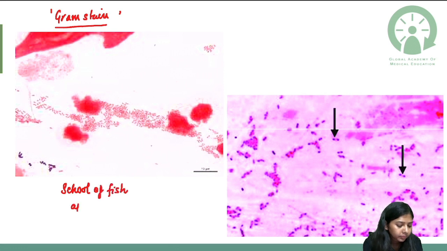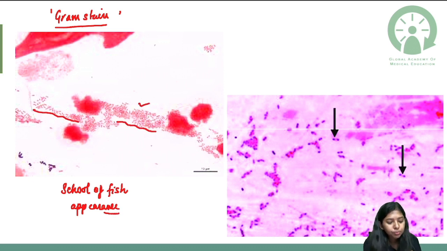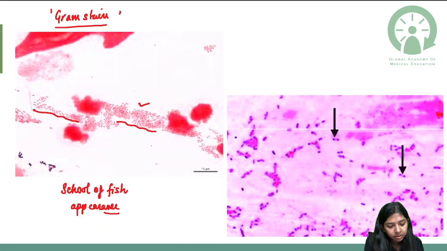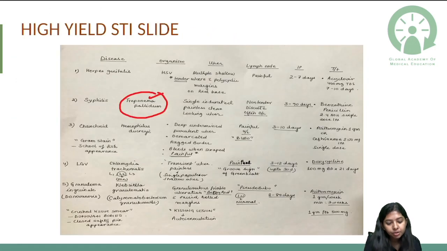See, school of fish swarming together. So school of fish appearance, right? And how do you treat it? You give azithromycin 1 gram single dose. You can also give ceftriaxone single dose of 250 milligram IM.